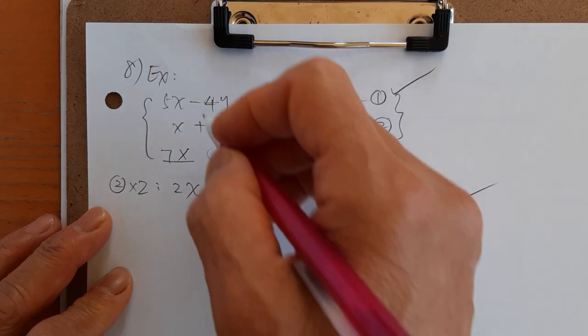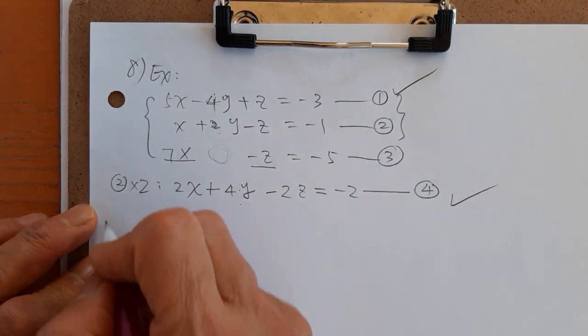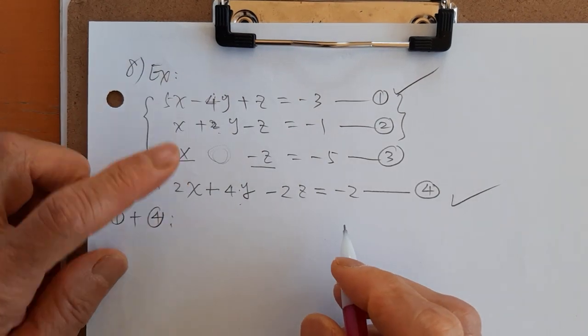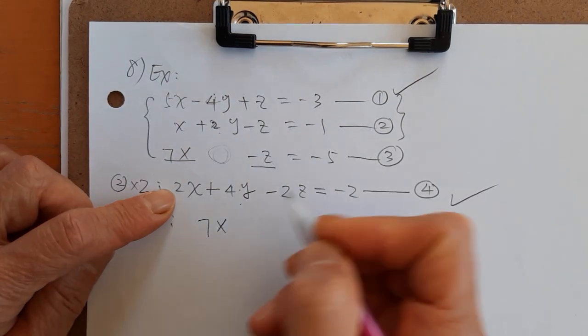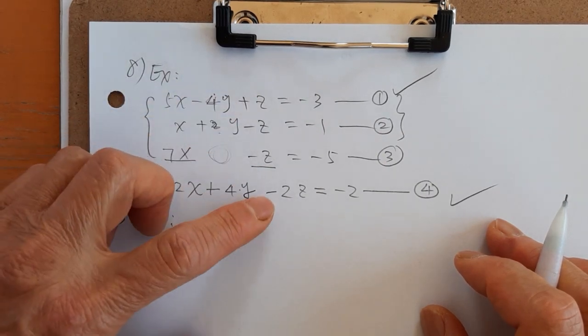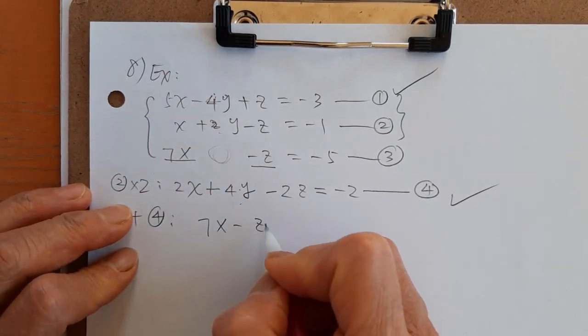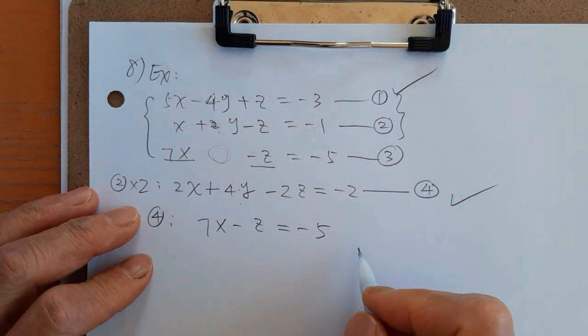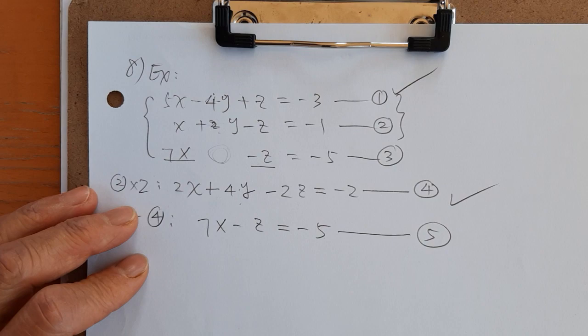Add the first and fourth together, and y cancels. 5x add 2x is 7x. Negative 2y add 4y is 0. z add negative 2z is minus z. Negative 3 add negative 2 is negative 5. You call this the fifth equation.